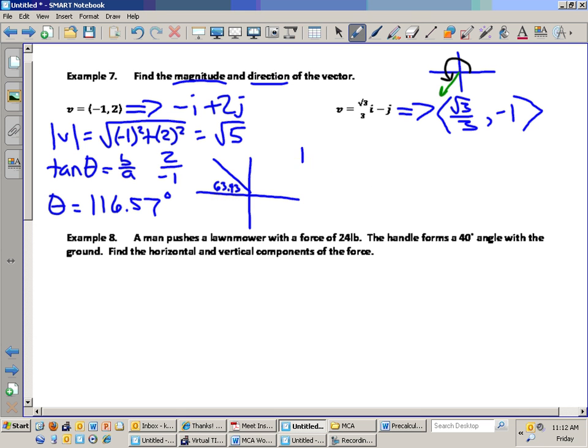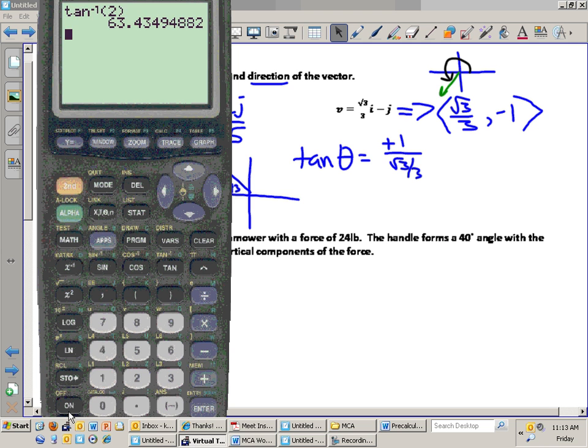And remember that the tangent of theta is equal to b divided by a. So that means -1 divided by the square root of 3 over 3. I don't need the negative. The negative told me which quadrant I'm in. I know which quadrant I'm in, okay? So I'm just going to inverse tangent that value to come up with a reference angle.